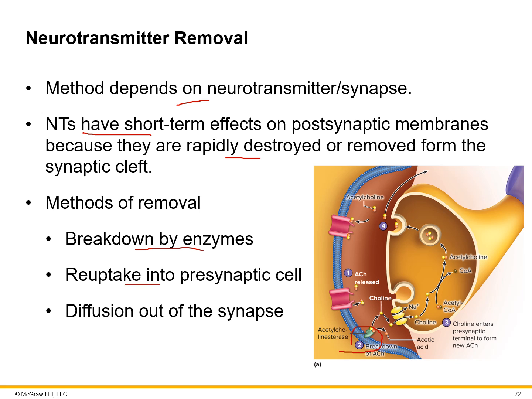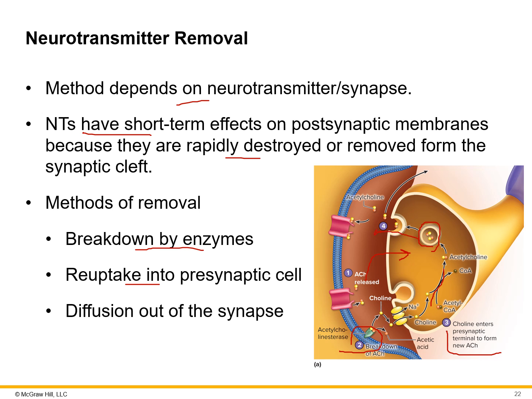We also have reuptake. In this case, we have reuptake transporters, and that allows that acetylcholine to go back into the presynaptic cell. Okay, so again, it enters this presynaptic terminal, and then it just forms more of that neurotransmitter. It gets packaged back into a vesicle, and then ultimately can get released again.